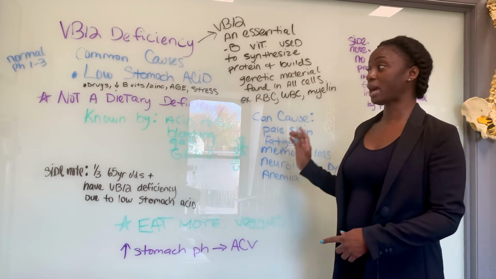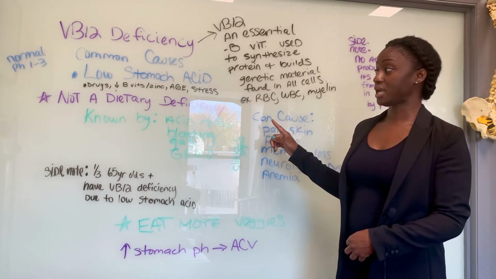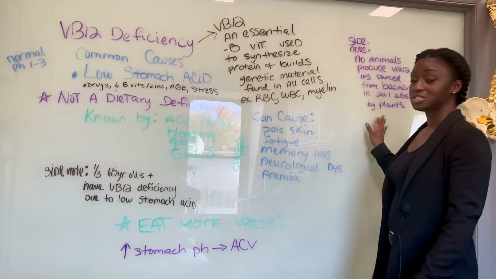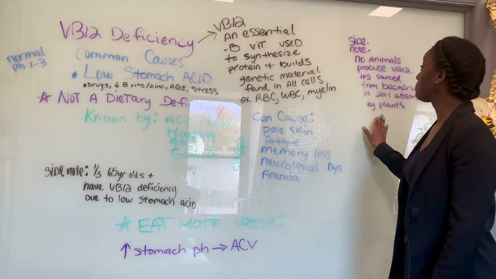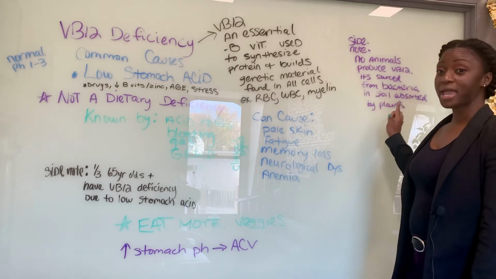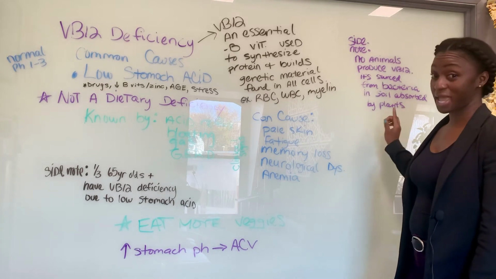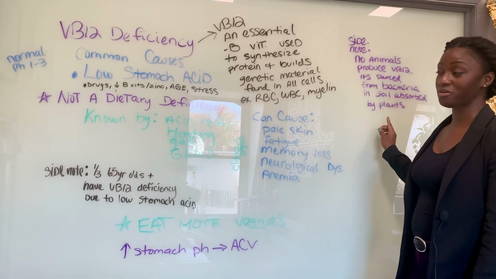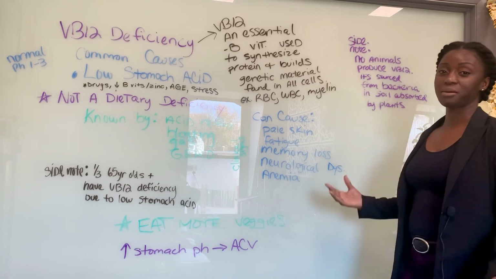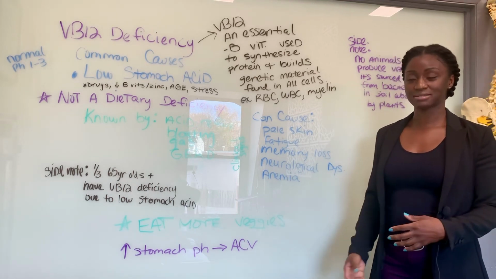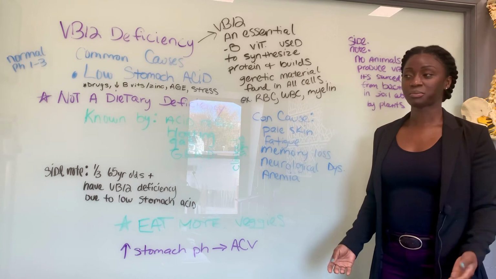Now I want to go back to it not being a dietary deficiency, and I want to just add this side note here. No animals produce B12. And I want to say that again. No animals produce B12, including us. When you think about cows and chickens, they typically eat grass and vegetables.